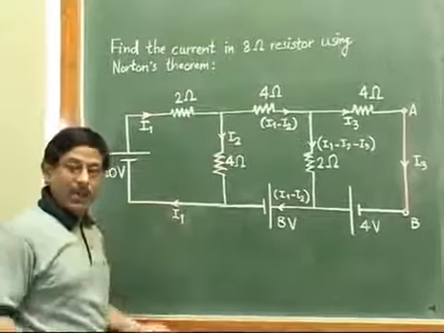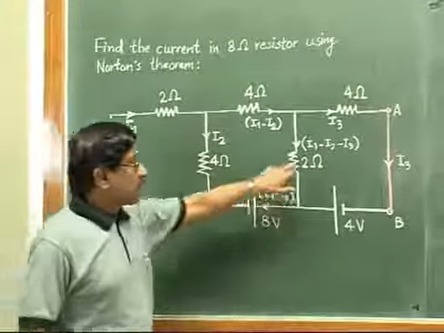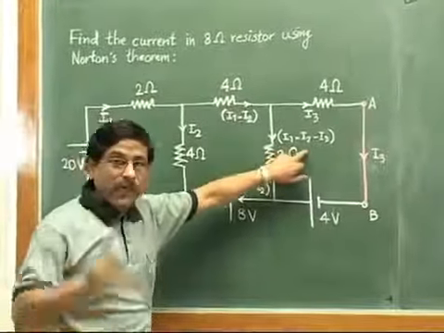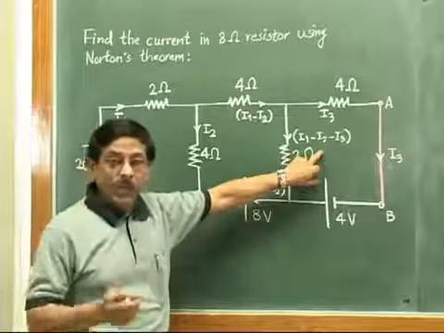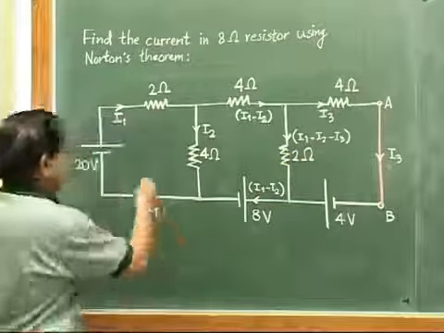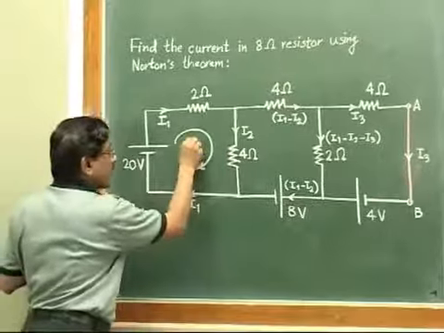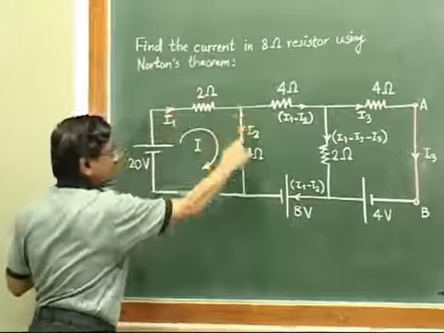Our next job is the regular job that we have to identify the loops or meshes. So 3 current variables, so we need 3 equations to solve. And for 3 equations we need to identify 3 different meshes. Again, as a regular practice, we consider that this is our loop 1, this small one.